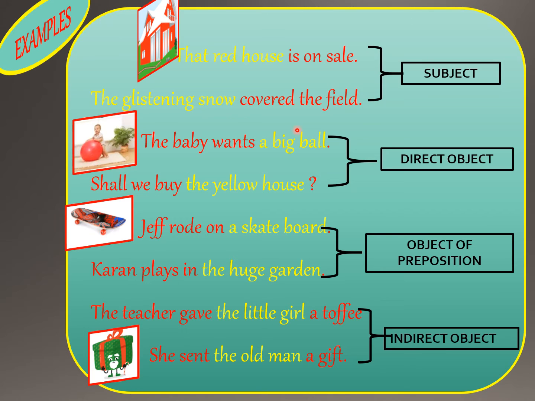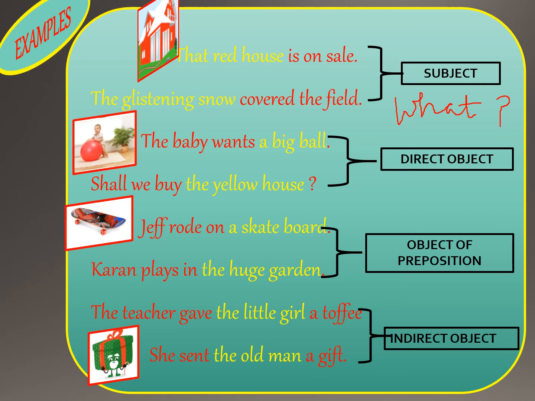A big ball. And direct objects come after the verb, right? So a big ball is the direct object because it is answering the question what, right? So if what is answered by a noun, it is a direct object. And if who is answered, then it is an indirect object.